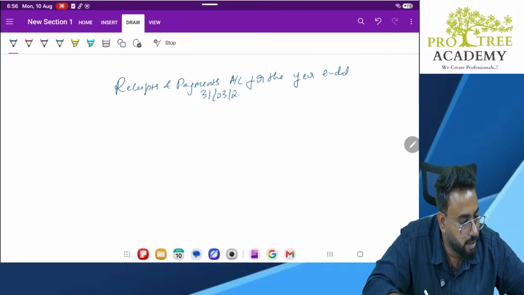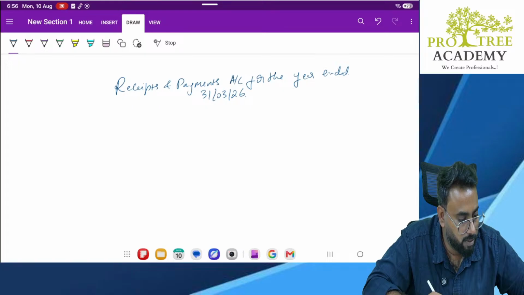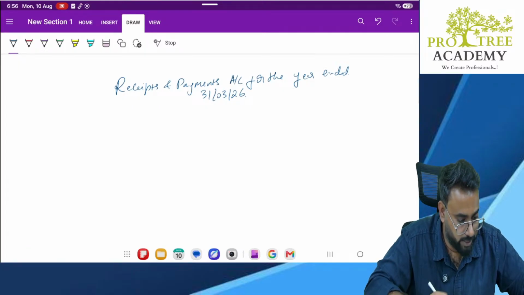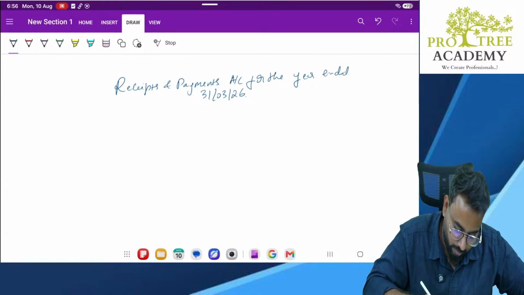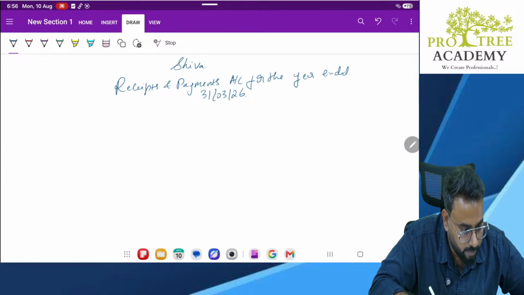Have they given the year? They have given it below: 31st March 2026. Here only they have given dates, no? Yes. Of what entity? Of Shiva Entertainment Club.